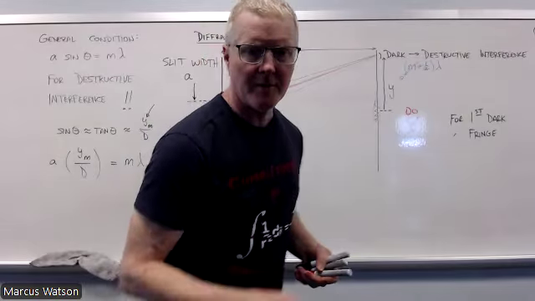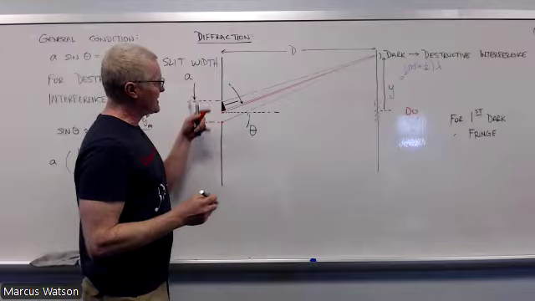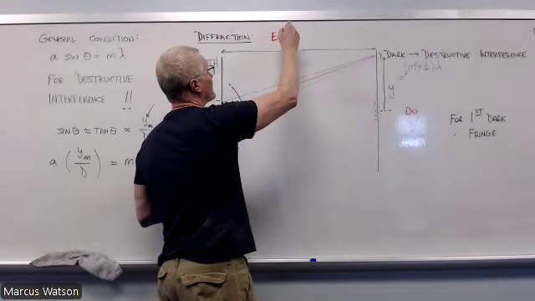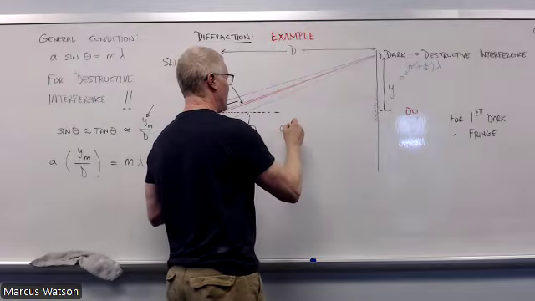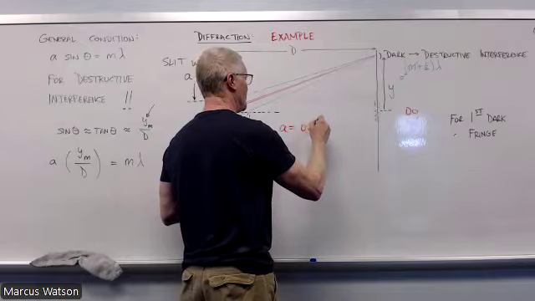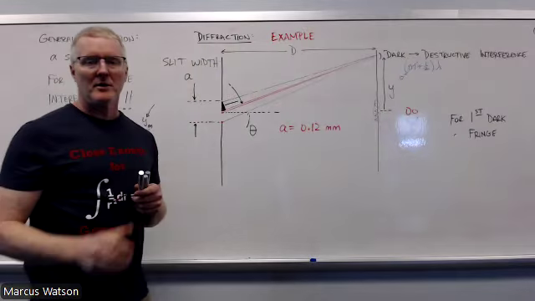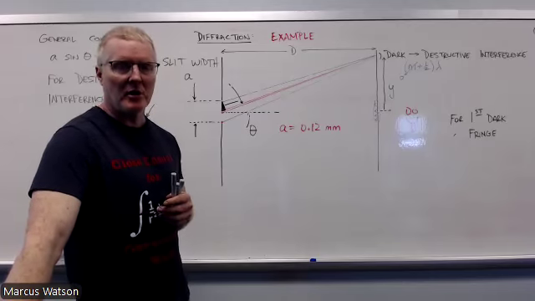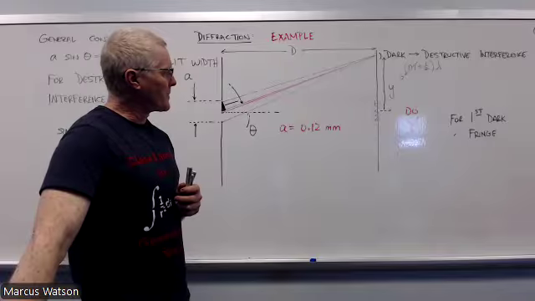I came up with a couple of numbers here. Suppose that we've got a slit. We know the slit width is, say, 0.12 millimeters. So 12 hundredths of a millimeter is a pretty narrow cut.